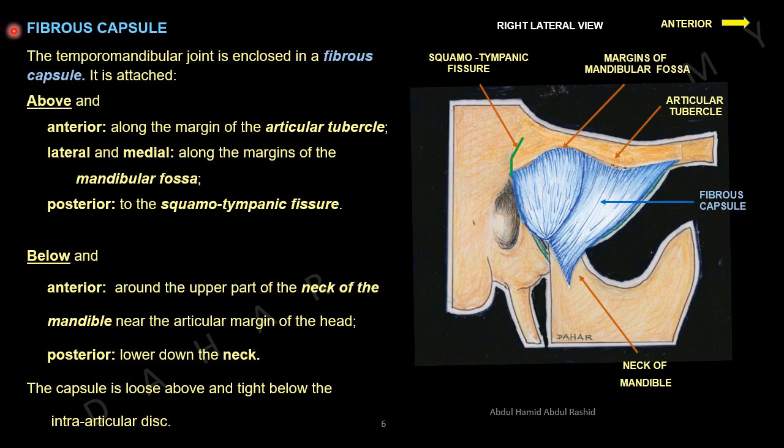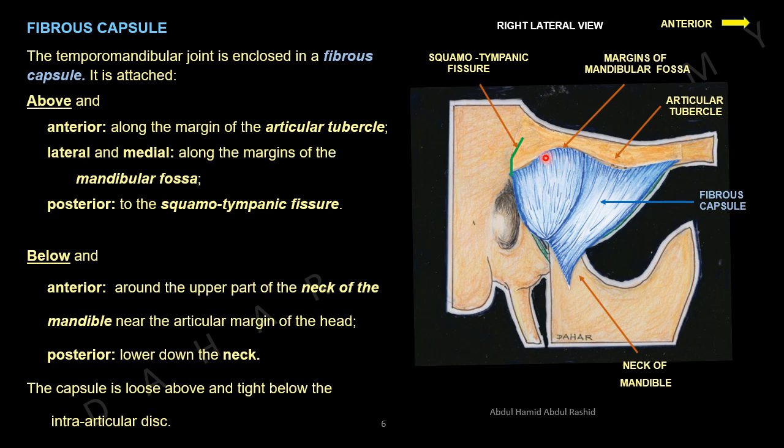Let's talk about the fibrous capsule. This is the fibrous capsule. The temporomandibular joint is enclosed in the fibrous capsule. It is attached above and anteriorly along the margins of the articular tubercle, and behind it, on the lateral and medial sides, the fibrous capsule is attached to the margins of the mandibular fossa.